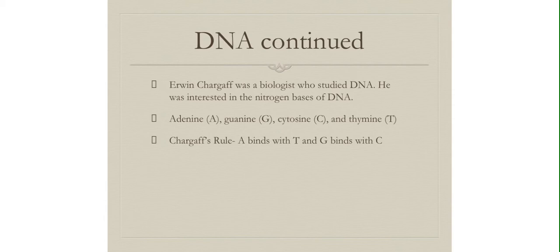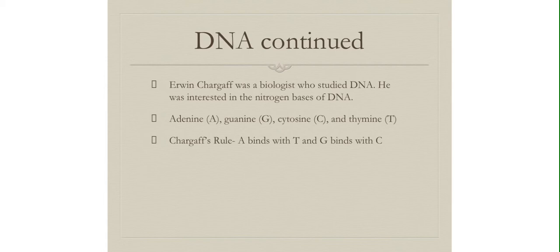What he finds is that the 4 nitrogen bases of DNA, because DNA is made up of 4 different bases, adenine, guanine, cytosine, and thymine, A, G, C, and T, and he finds that 2 of the bases match really well with each other, while the other 2 match really well with each other.